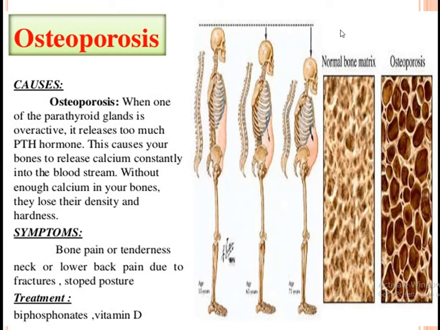This causes the bones to release calcium constantly into the bloodstream, and you can see the difference in the bones, that is the normal bone matrix, and in osteoporosis you can have this picture with the reabsorption of salts from the bone.